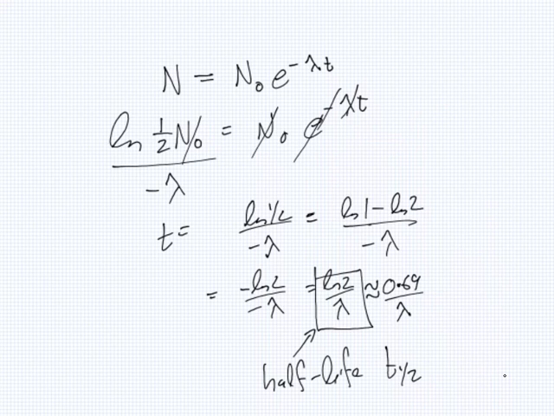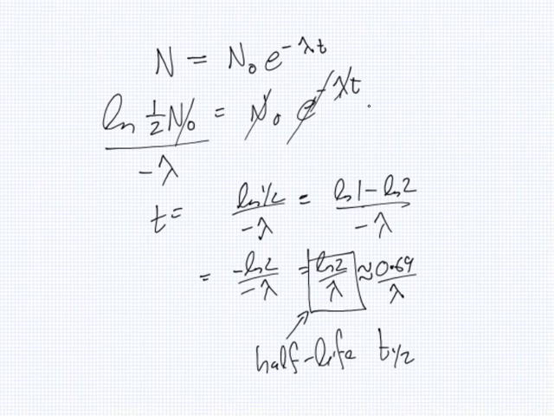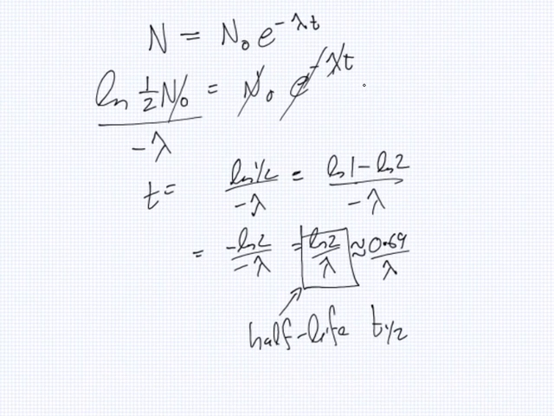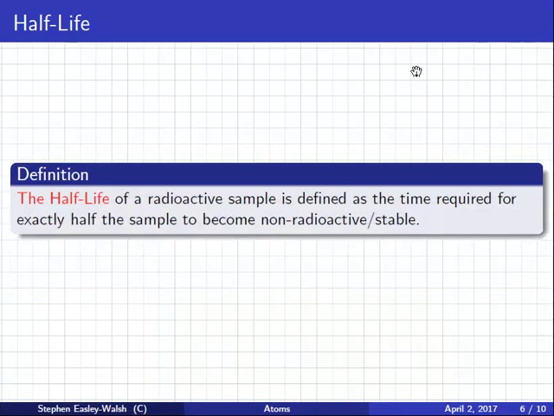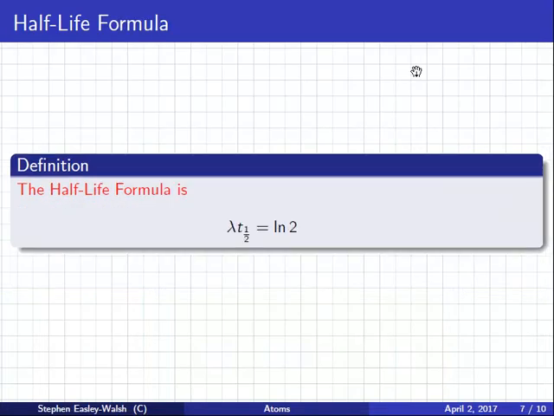I want the time for half the initial n0. So you can write the formula like this: lambda times the half-life equals log 2.